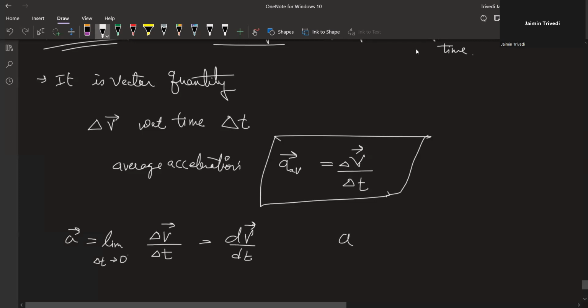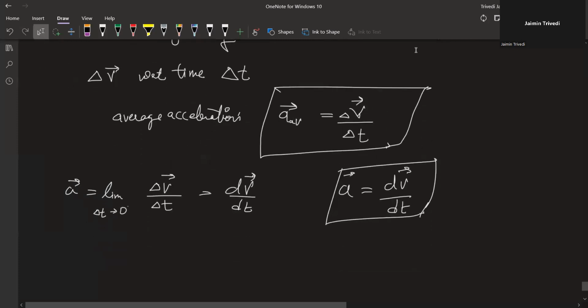So acceleration is dv by dt. This is instantaneous acceleration.